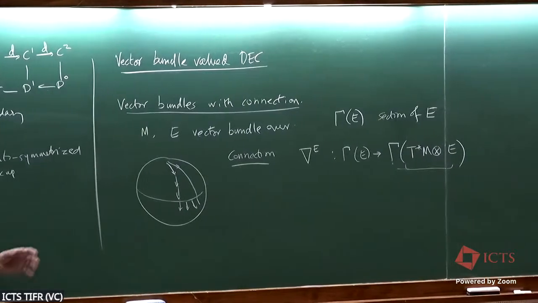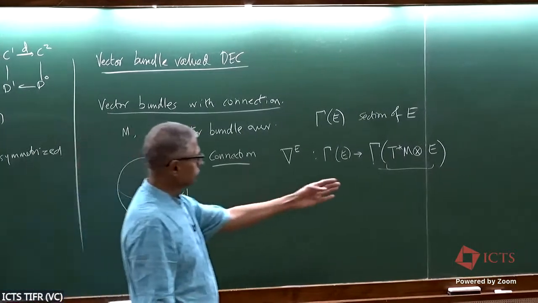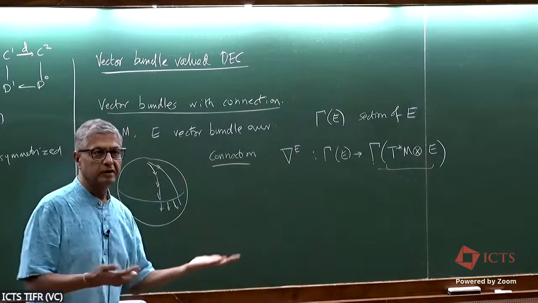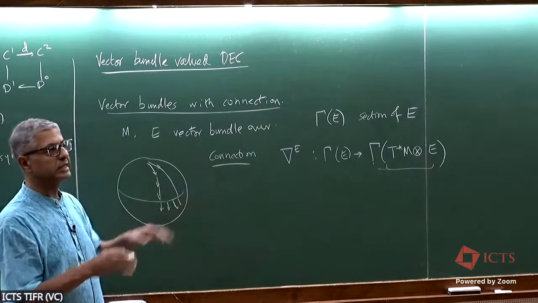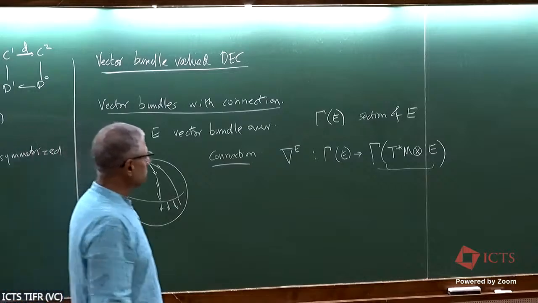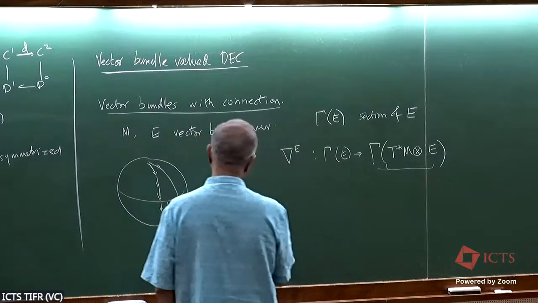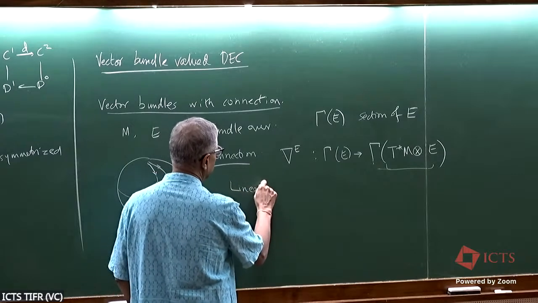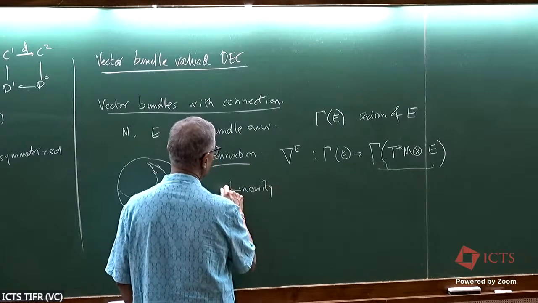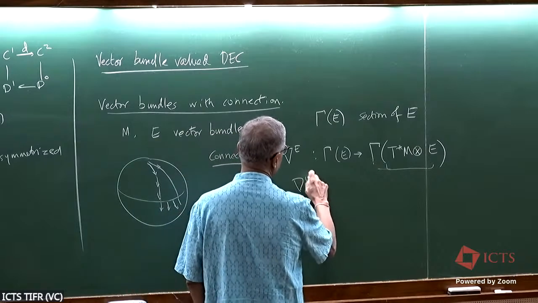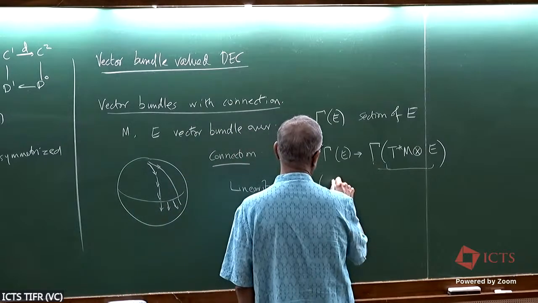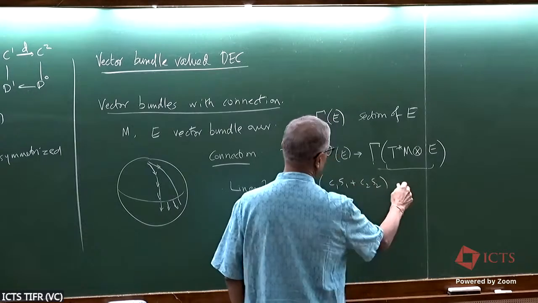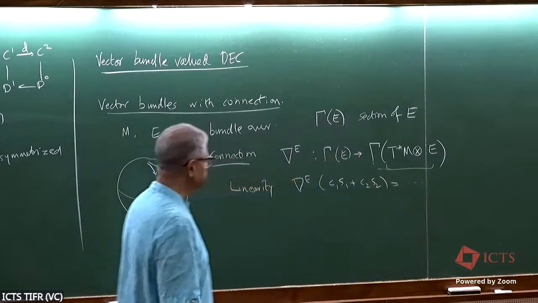You don't have to worry about the formal definition of what this symbol means. I will use it in a very intuitive way, but all of this can be made very formal. So it has the following properties. First of all, it has linearity. So if I have two sections and constants, if I do nabla E of C1 S1 plus C2 S2, I'll get the usual thing.